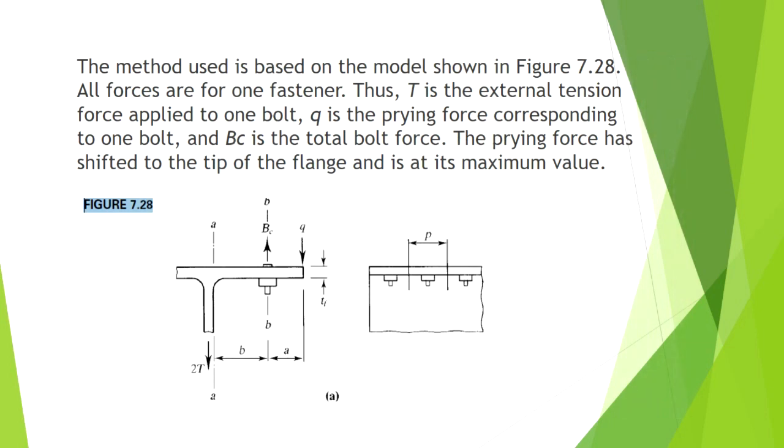The method used is based on the model shown in figure 7.28. All forces are for one fastener. Thus, T is the external tension force applied to one bolt, Q is the prying force corresponding to one bolt, and B_C is the total bolt force. The prying force has shifted to the tip of the flange and is at its maximum value.